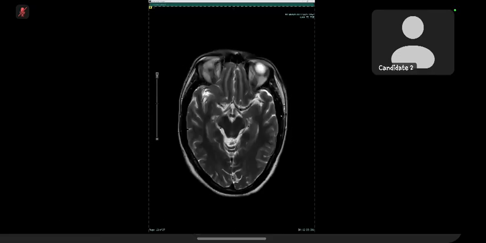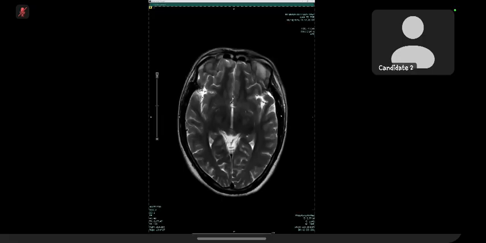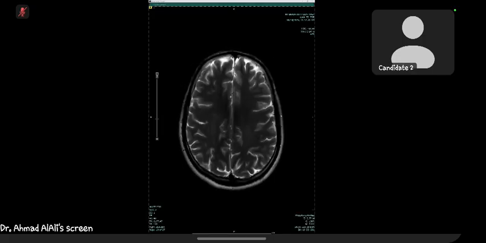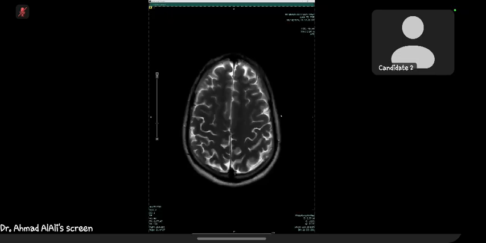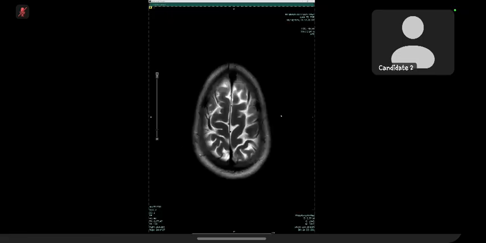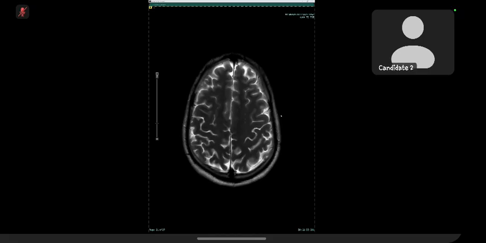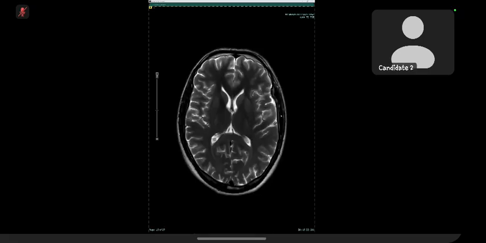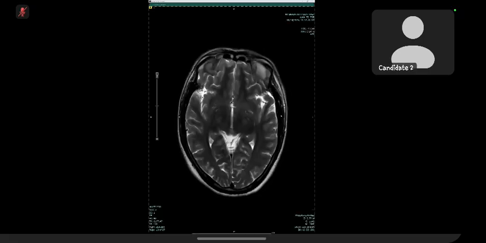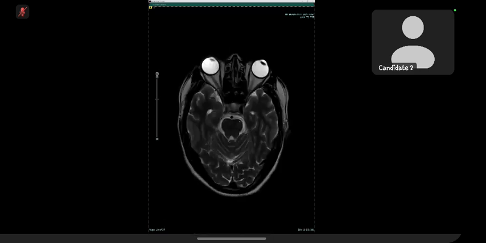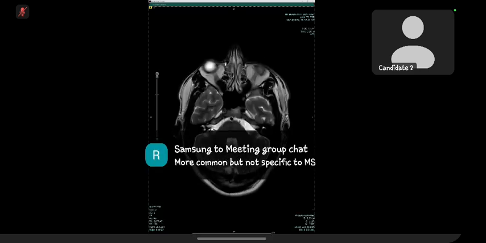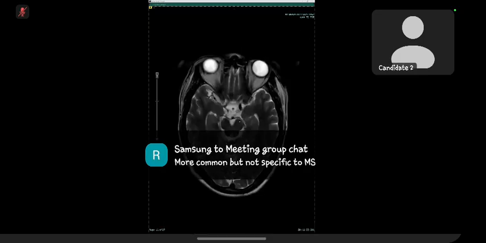In these images, I'm not able to appreciate any definite abnormality, but I would review it. Ventricles are normal in size, signals are normal, only an incidental finding of subtle prominence of the temporal horns of both ventricles, which is likely normal for this age.